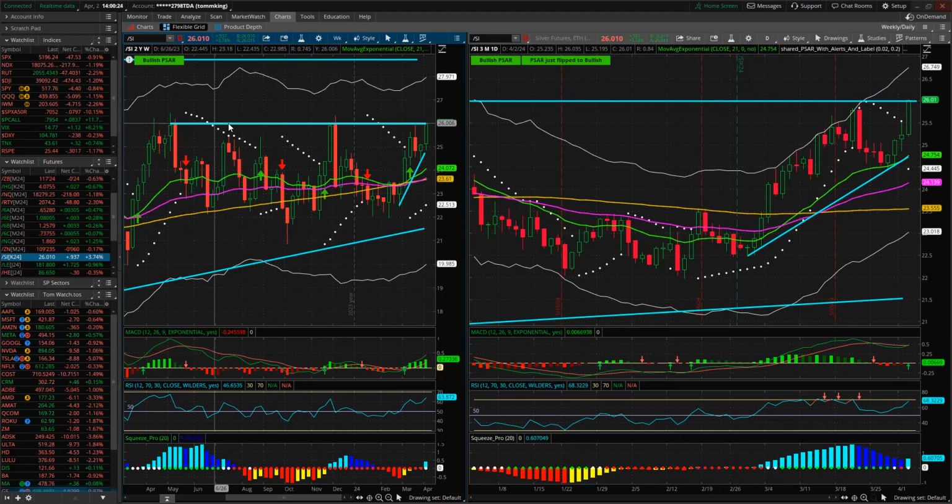We've got this nice resistance level that we're running up into, and then we've got an uptrend line that's heading higher. To me, this is an ascending triangle. We're heading up into this resistance level that we've already hit, and we're starting to break it today.